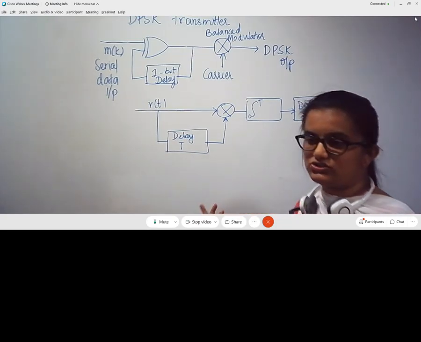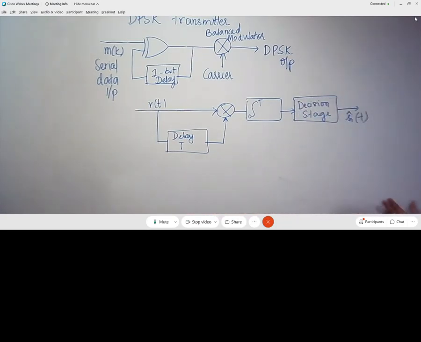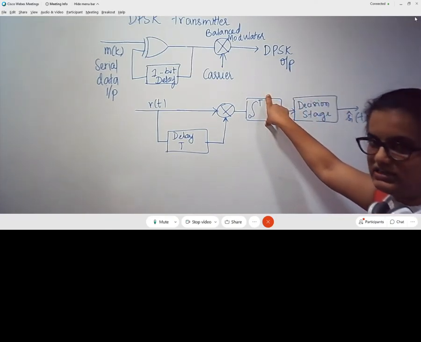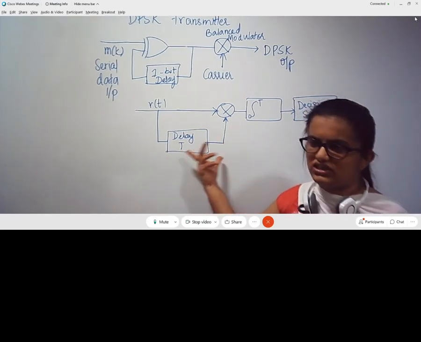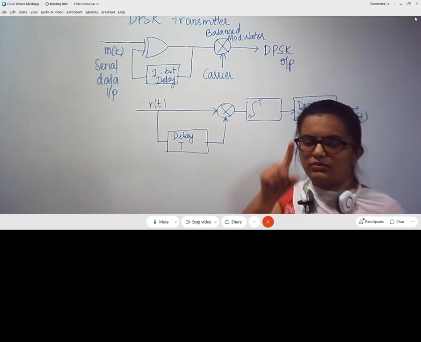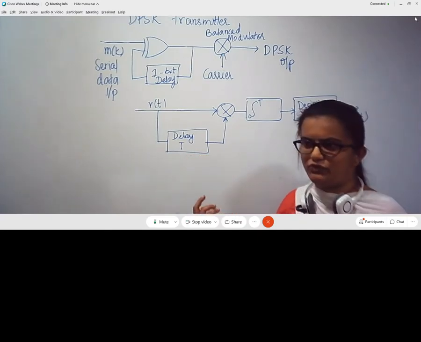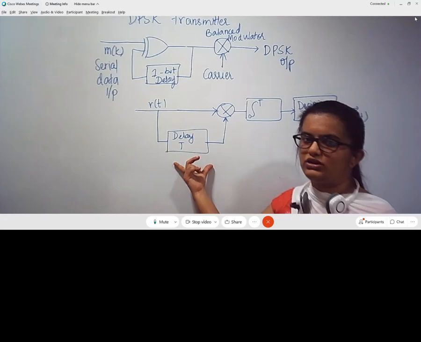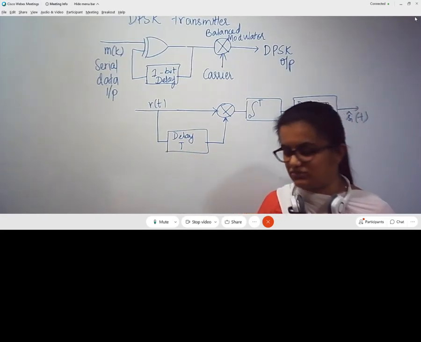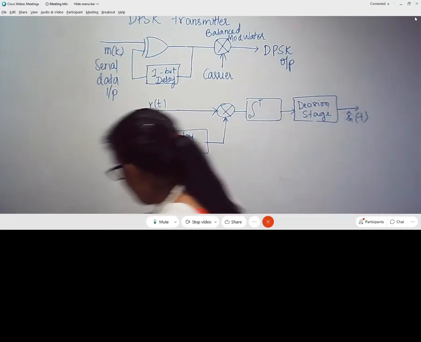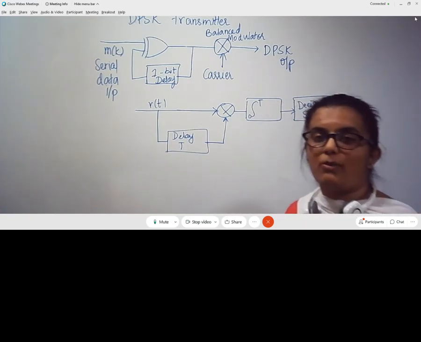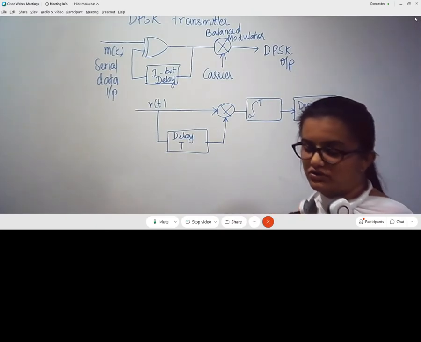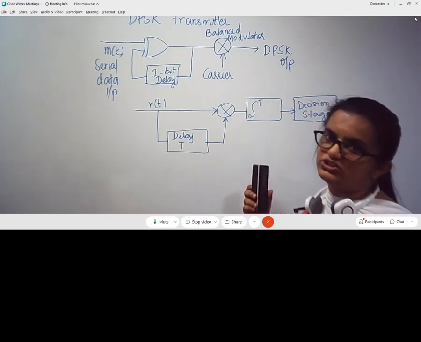The receiver structure is also very simple, because here I can have a simple comparator, an integrator, and the delayed version we can obtain by making use of a one-stage flip-flop. If you give the clock timing depending on the symbol duration, you can delay it by one symbol duration. So this is how we can reduce the complexity in the design of a modulator and a demodulator, or transmitter and receiver, for the differential systems.